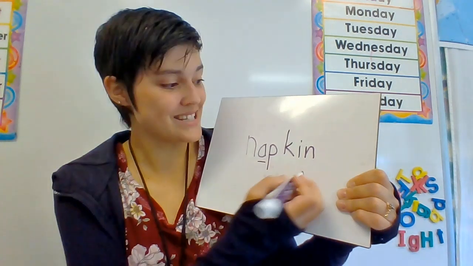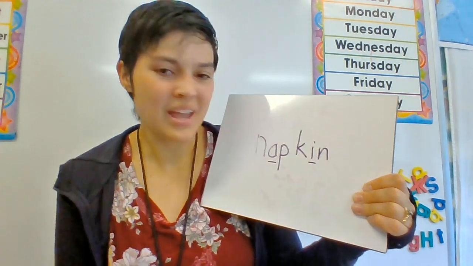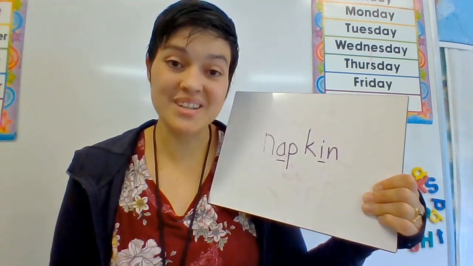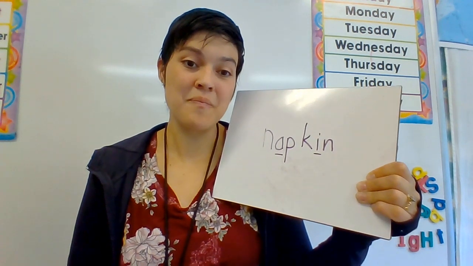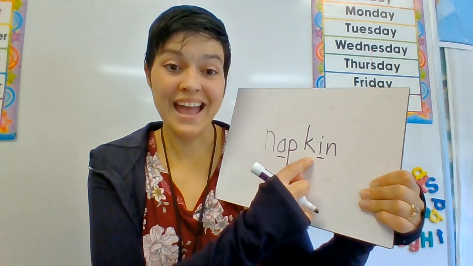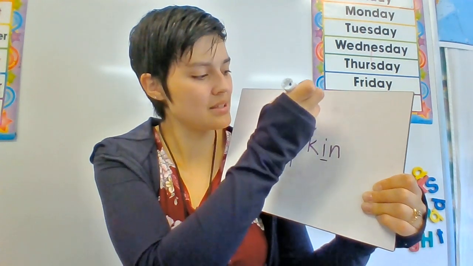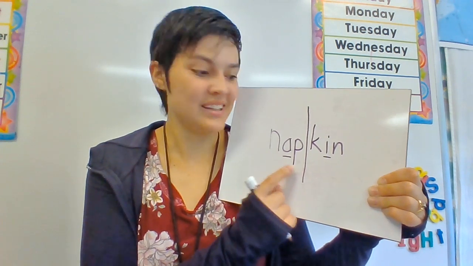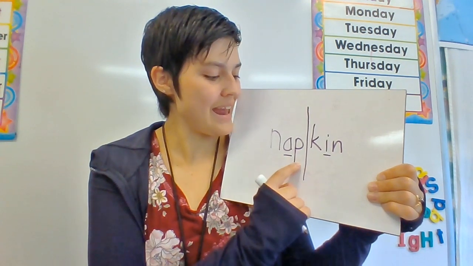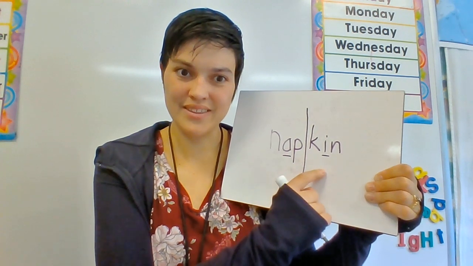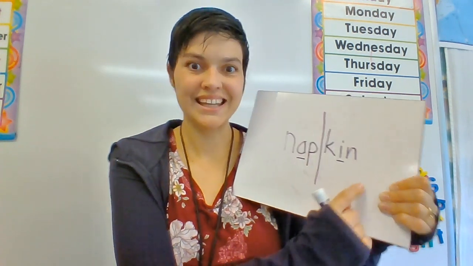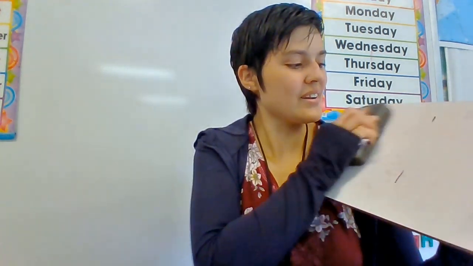A and I. What are the dividing consonants? P and K. So I need to divide it right down the middle. Now read the first syllable. Very good. Nap. And now read the second syllable. Kin. Napkin. Very good.